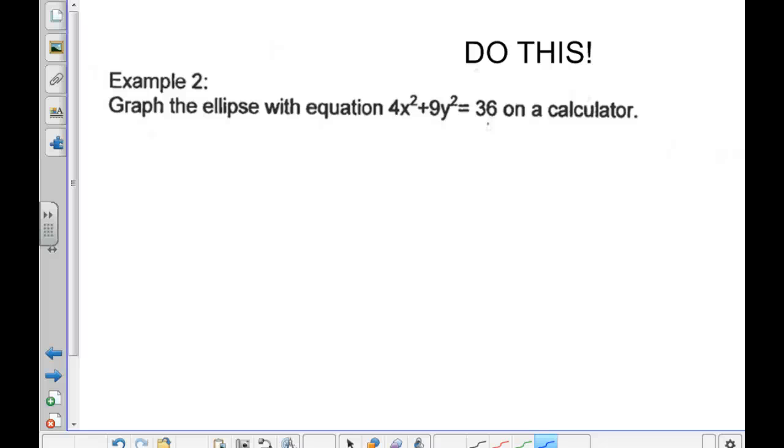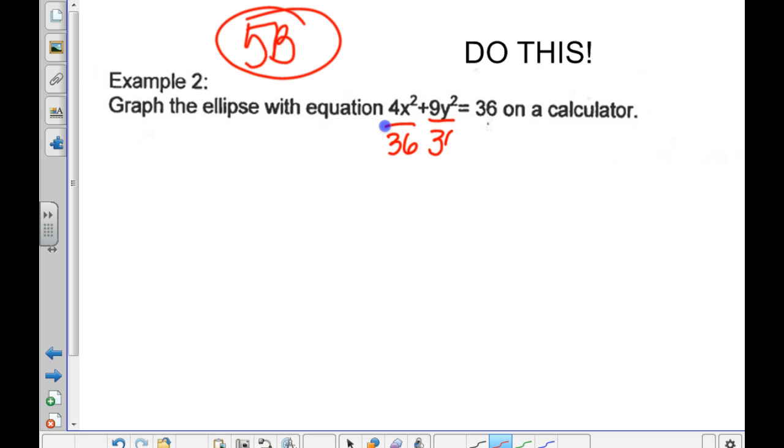That one, 5B, okay? Find a little space on 5B to do this problem. We need to divide everything by what? We're going to learn to graph one of these on our calculator. Okay. That you do not have this problem, I'm asking you to write it down on 5B somewhere.